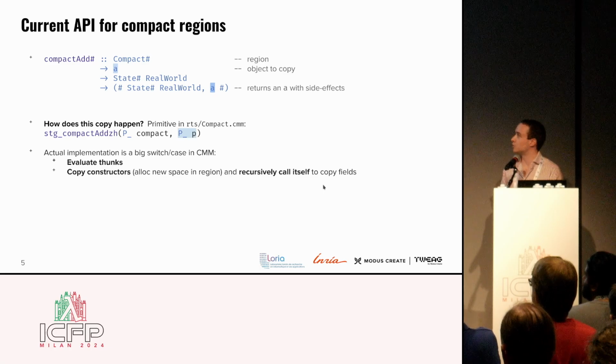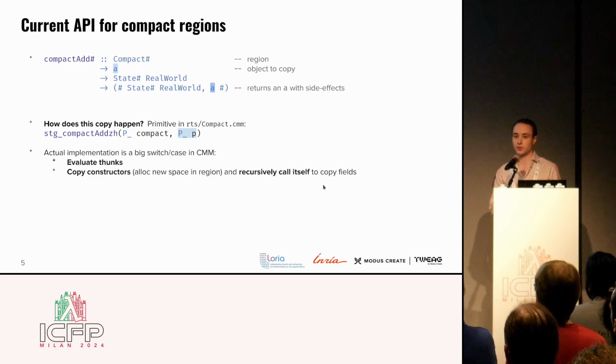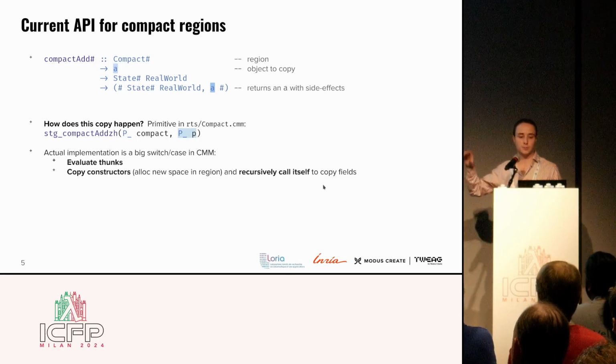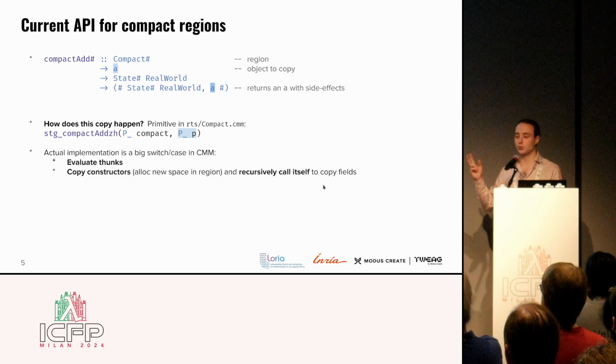So at the moment, the current API for compact regions is fairly simple, and the main function is compact add. And compact add is just a copy function. It takes something from the GC heap and puts it inside the region. And it is implemented in the Haskell runtime system in a big switch case in CMM. And basically, it has 2 modes of operation.